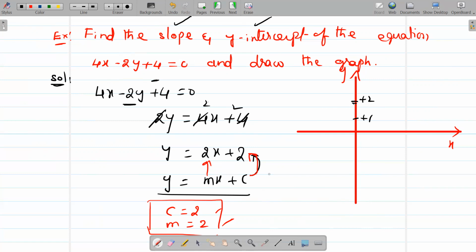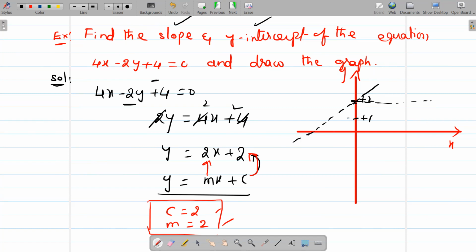And the slope is positive, which means the angle between the positive x-axis and the line should be less than 90. So the line should be between the vertical and horizontal lines, like this. Got it?